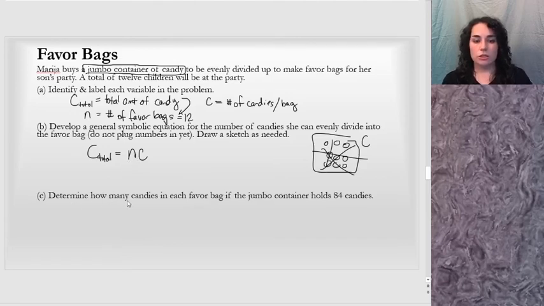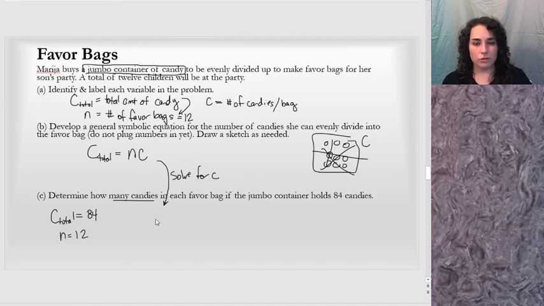Okay. Determine how many candies in each favor bag if the jumbo container holds 84 candies. So we're going to write this. C total equals 84. We know that N equals 12. It says determine how many candies, so I want to solve for C. I'm going to take this equation and solve for little c, not big C total, but little c, right?